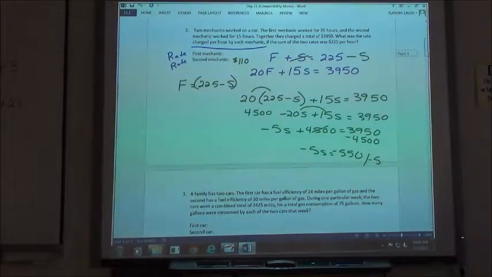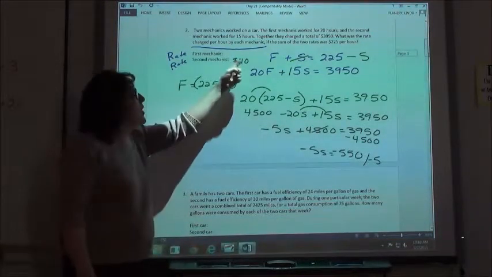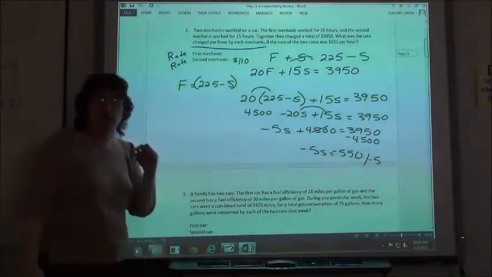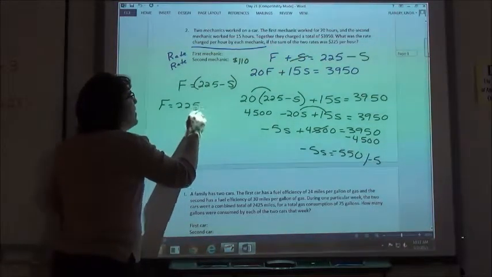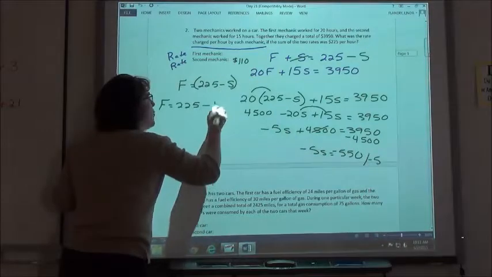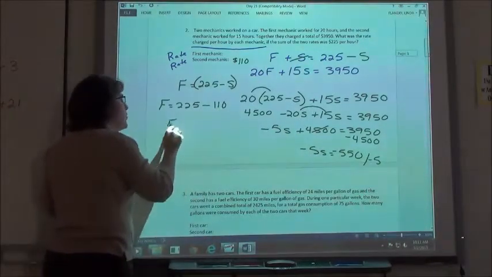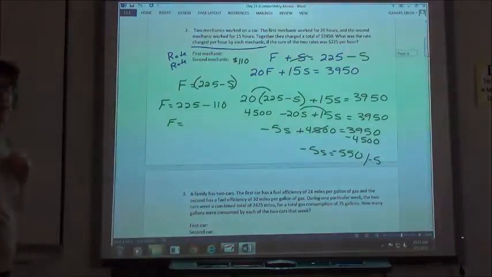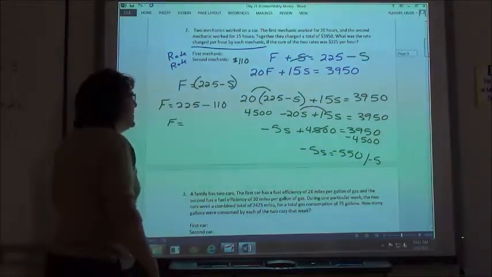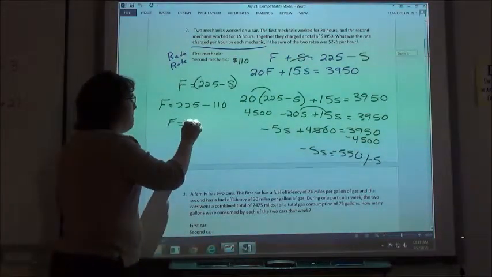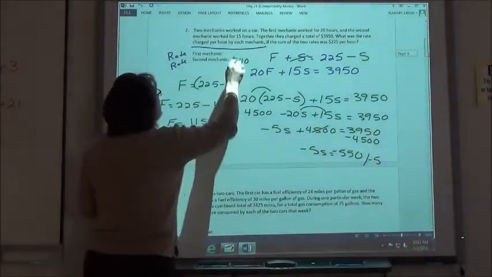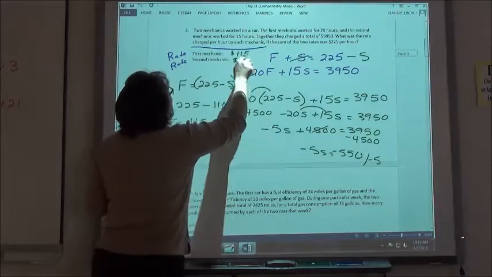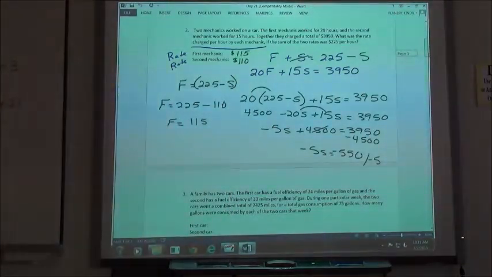We still have to find the rate of the first mechanic. We're going to do that by substituting into this equation that we solved for F. F is going to equal 225 minus the second one, which was 110. And if you subtract that, you get $115, right?